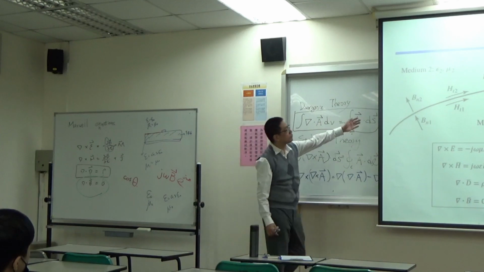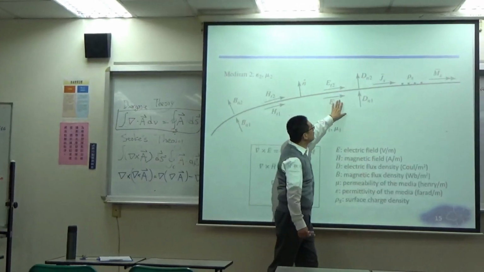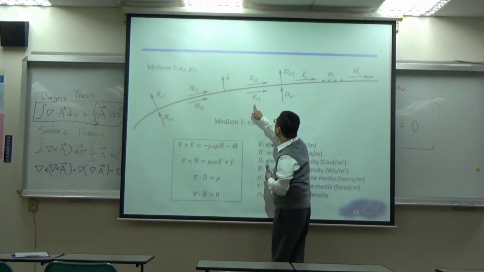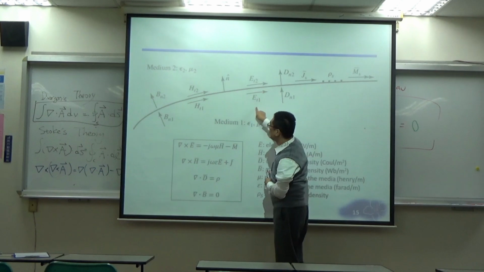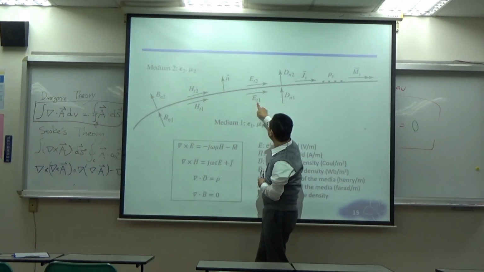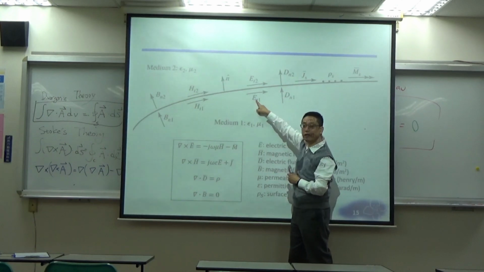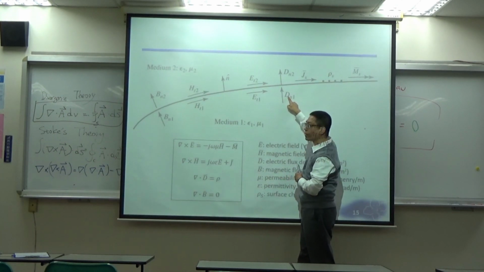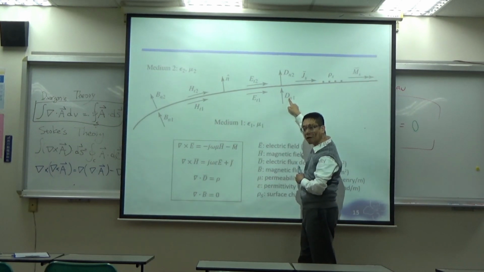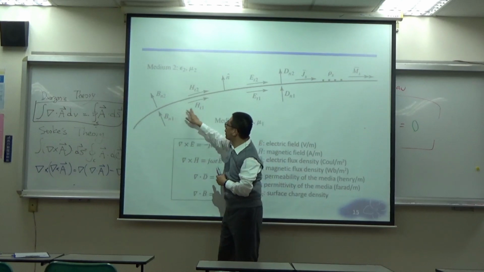So inside material number 1, you have the electric field E and the electric flux density D, and also B and H for that one.